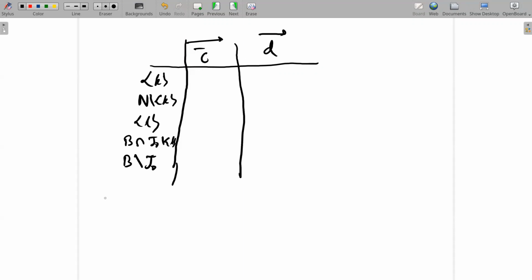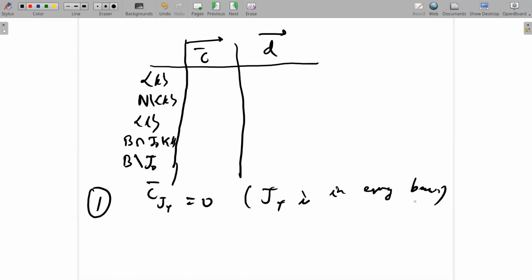Let's do that. First, for the vector C bar, the first claim is C bar of J plus is equal to 0. That's because J plus is in every basis, and remember the modified cost is always 0 for a basic column. Since every index in J plus corresponds to a basic column, the modified cost will always be 0 for everything in J plus.